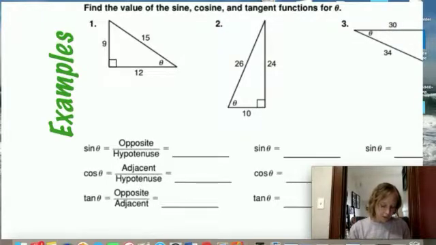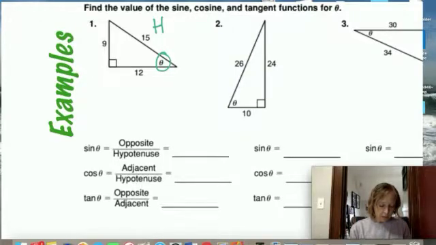Okay, so first, we have to pay attention to where our angle is. Our angle theta is in that bottom right corner, and we're going to find the sine of theta, which is opposite over hypotenuse. Let's label those sides. Hypotenuse is always the longest side across from the right angle.